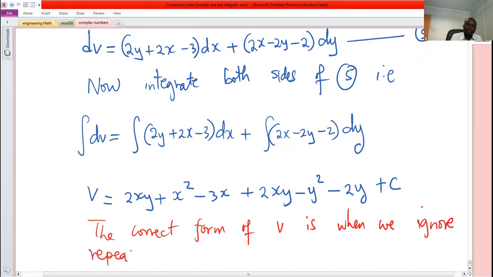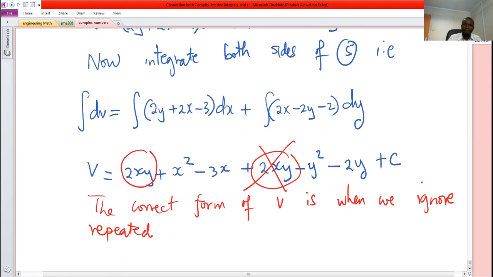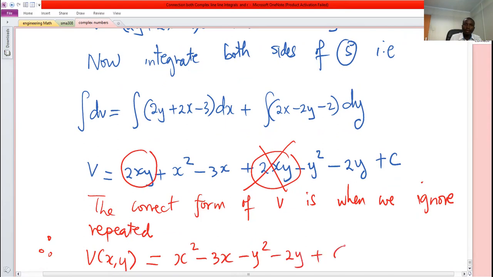This is what I mean. You see, for this case, this 2xy and 2xy are common. So we'll have to delete one so that the function will be: therefore, our v of xy will be given by x squared minus 3x minus y squared minus 2y, then plus c.